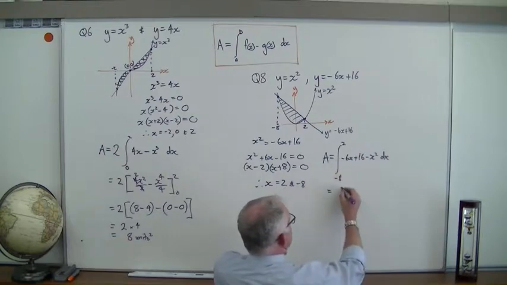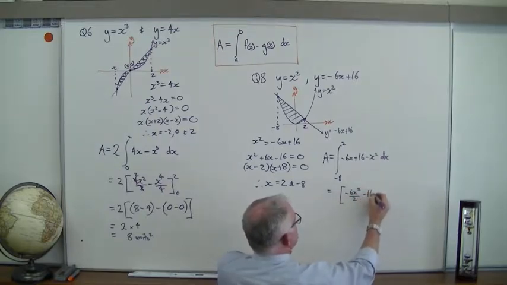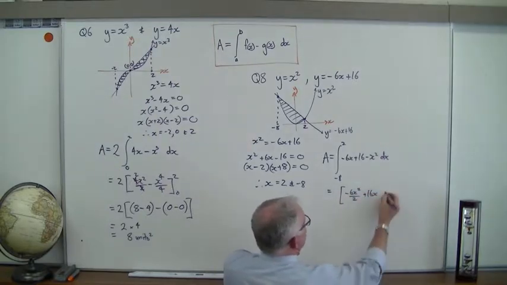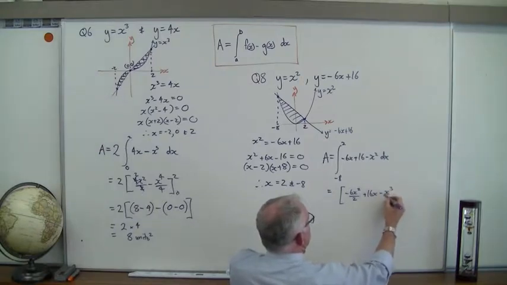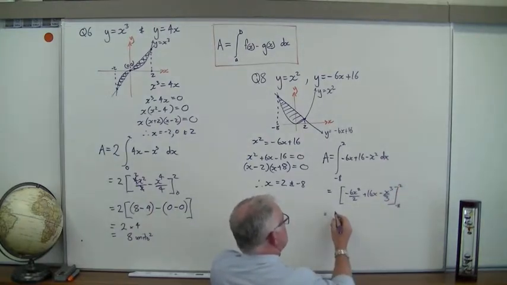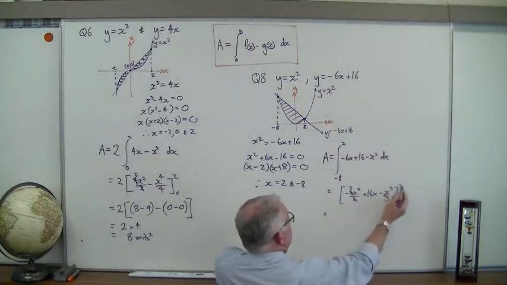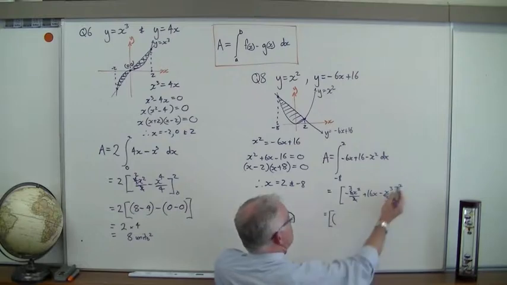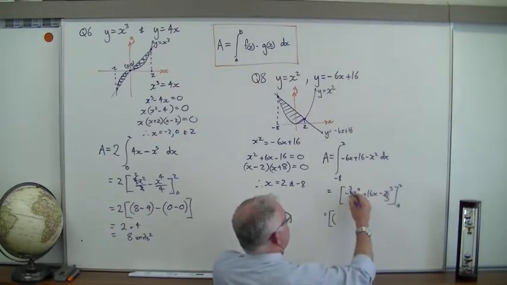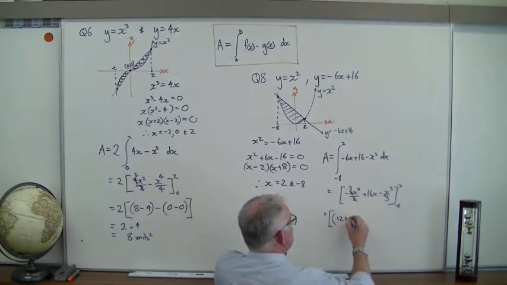All right, we integrate this, and that will give us minus 6x squared on 2 plus 16x minus x cubed on 3, and then it's from minus 8 to 2, and when we put all of those numbers in, and that goes into that 3 times, so we'll have 2 squared is 4, 3 times 4 is 12, 2 times 16 is 32, so that's plus 32.